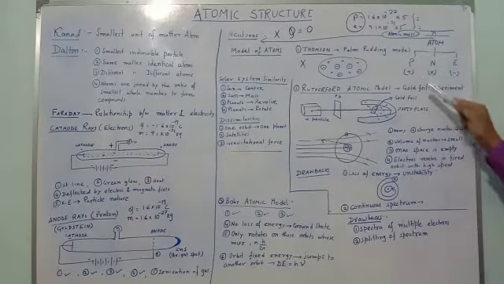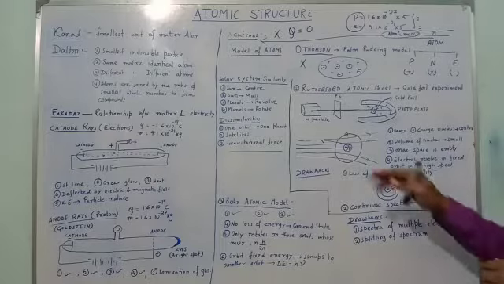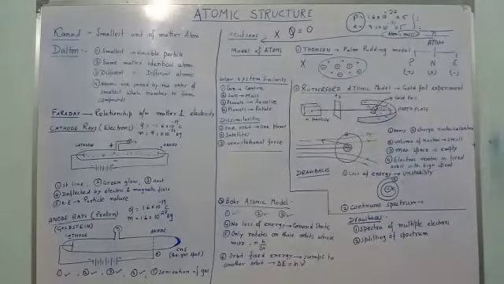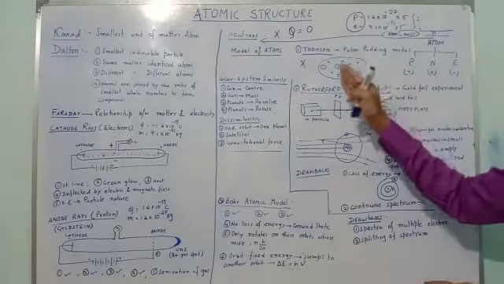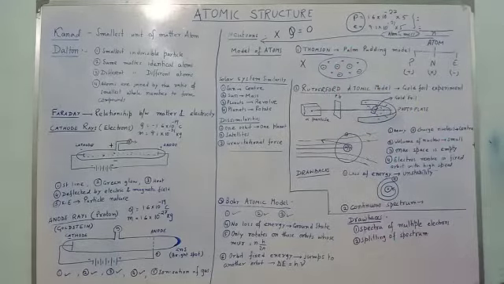Now, how are these three subatomic particles or charges arranged inside an atom? The first model of the atom was proposed by scientist Thomson, which is called the plum pudding model. This is a very primitive model in which the electrons are embedded inside a positively charged pudding.